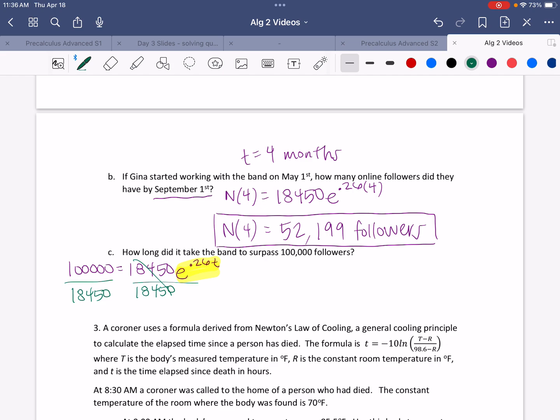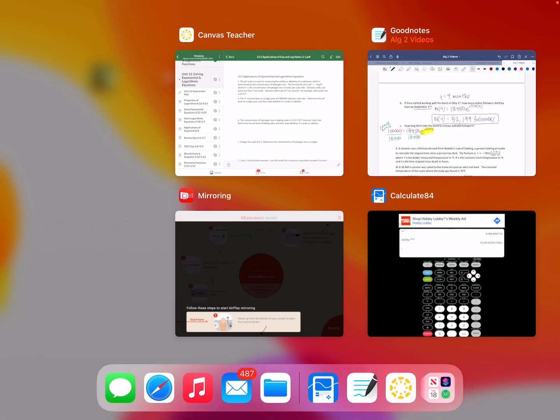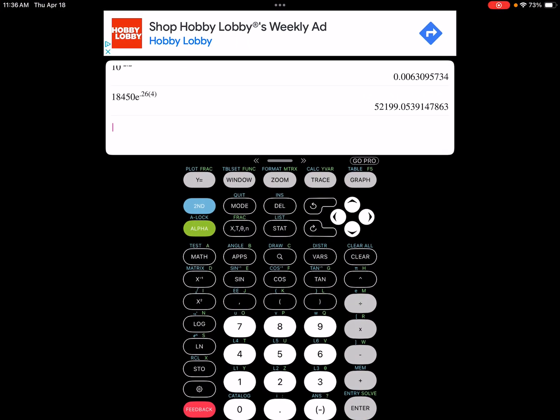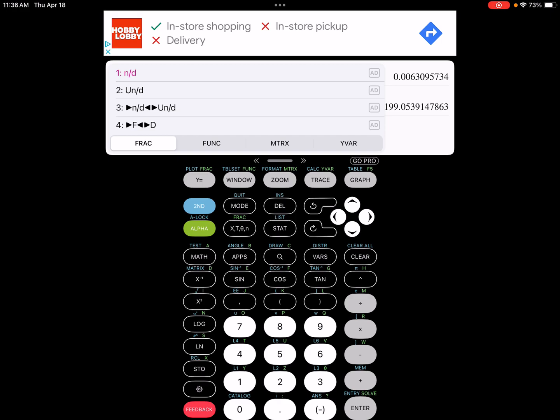Okay, so I know it's tempting, we're going to go to the calculator, but I don't want you to put this as a decimal. We want to leave this exact. So you could either leave it how it is on the paper, or you can let your calculator help you reduce it. So in the calculator, I'm going to make a fancy fraction by pressing alpha y equals enter.